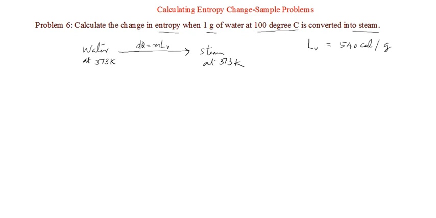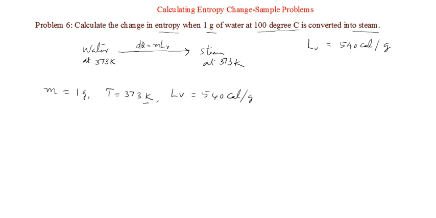The mass given here is 1 gram, right? Temperature here is 373 Kelvin, which is constant. The latent heat of vaporization we know in calories per gram, so you can retain the problem in calories itself. The temperature is in Kelvin, make sure of that.